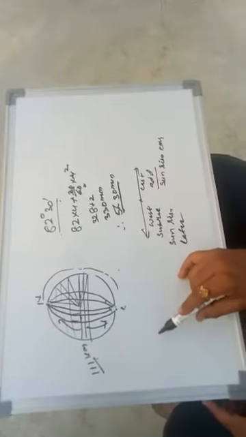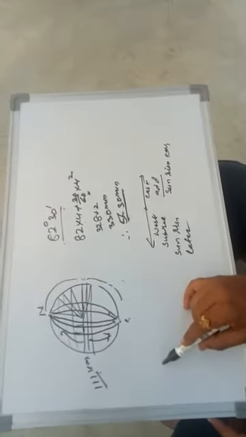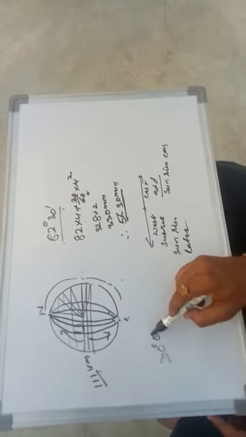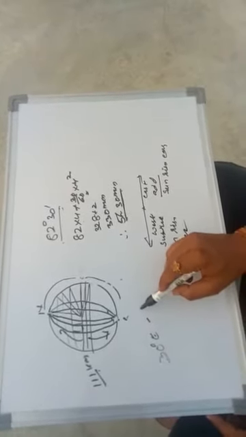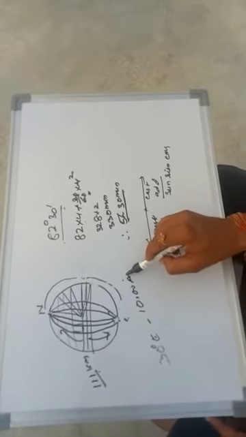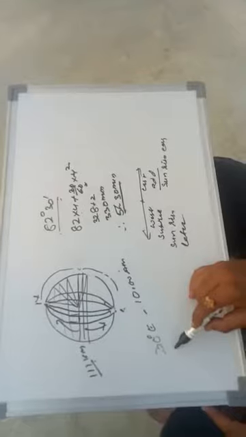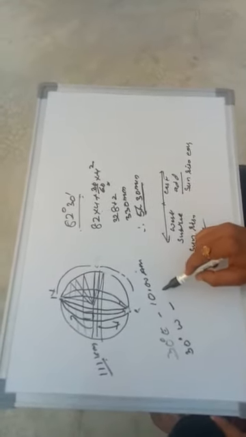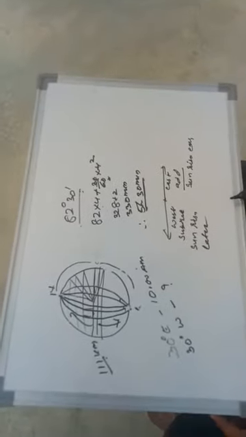For a calculation, if we take the time zone, calculate the time zone 30 degrees east. If it is 10 a.m., what would be the time at 30 degrees west? Calculate the time.